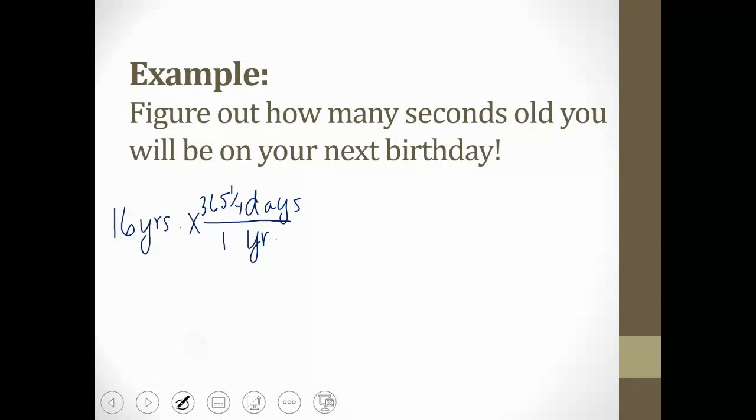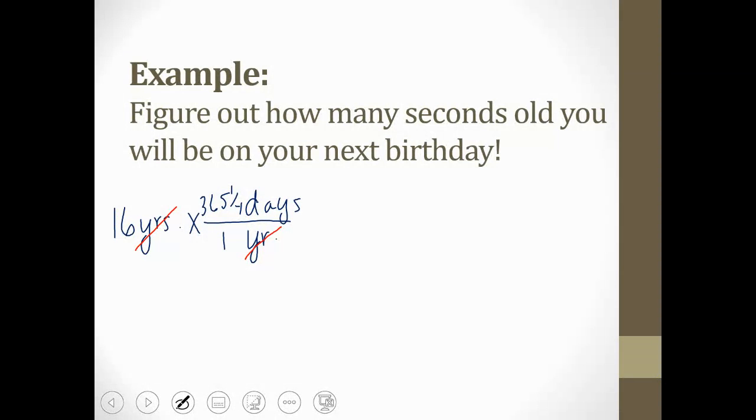We then know that the years will divide out if we take 16 times 365 and a quarter divided by 1, and then our new answer would have a new number and then a label of days. And however many days that is, that's equal to 16 years. It's just being expressed in a different unit.